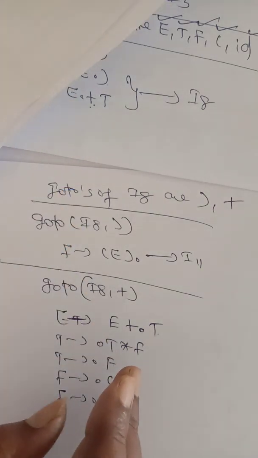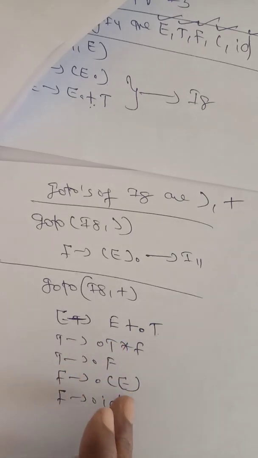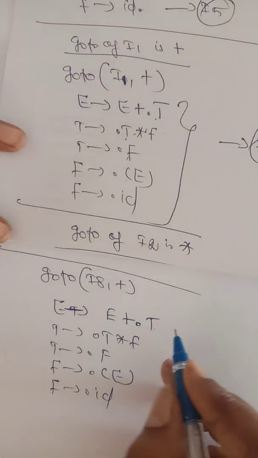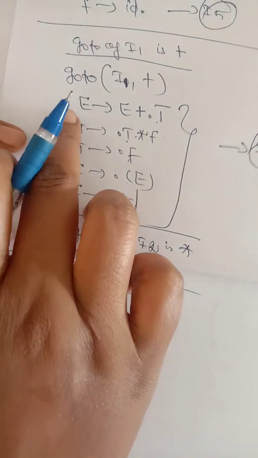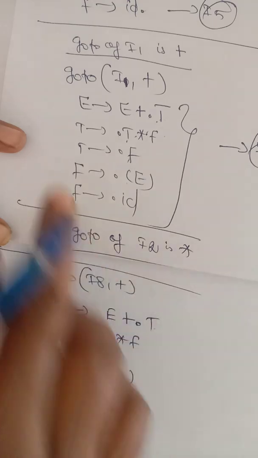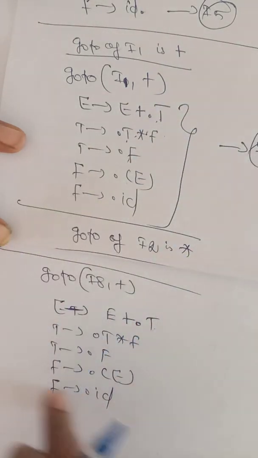Where it is matched: these productions are matched with I6. Here we are having E → E + dot T, and here also we are having E → E + dot T. Next we are having T → dot T * F, and here also we are having it. So all the productions are matched with I6.